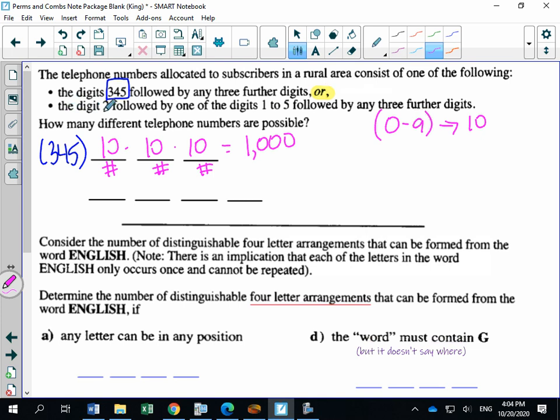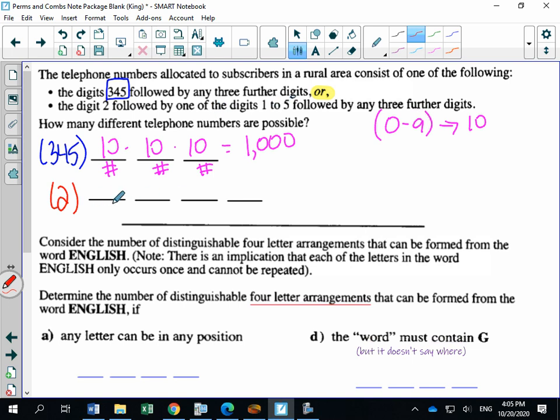Okay. Or the digit 2 followed by, okay, so the first digit is going to be a 2, followed by one of the digits 1 to 5. So it's going to be a 2 here, and then it says followed by one of the digits 1 to 5.